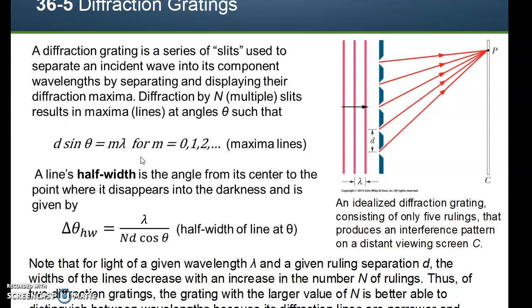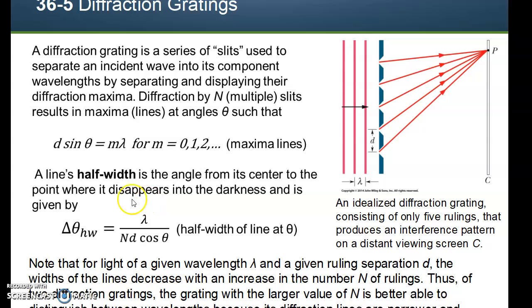And the line's half width is the angle from its center to the point where it disappears into the darkness. That's the half width. It's given by delta theta HW, that's what the HW stands for, equals lambda over N d cosine theta. This is the half width of the line at theta. N is the number of rulings, and right here it would be 5.